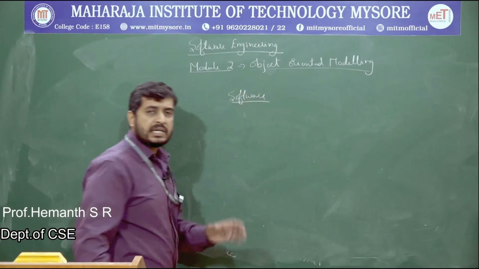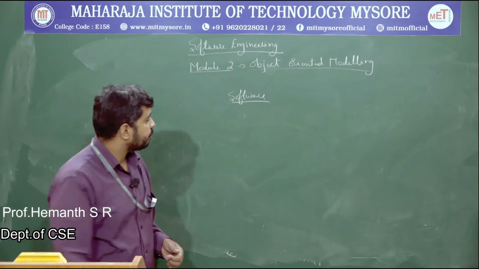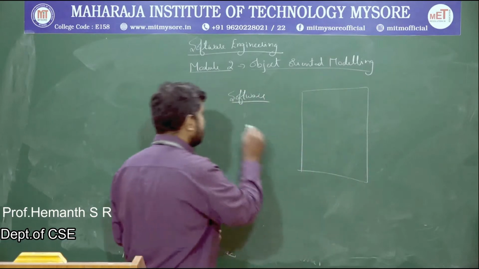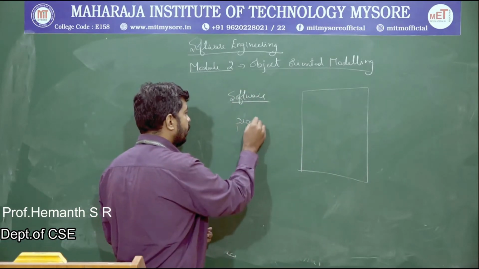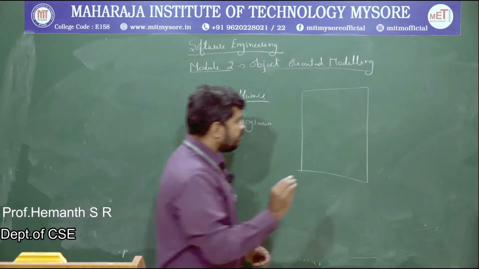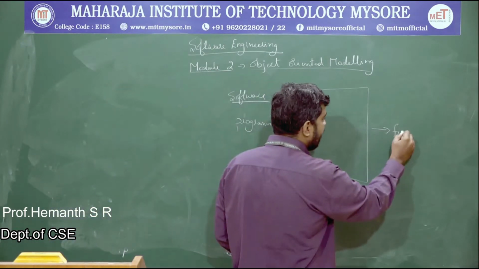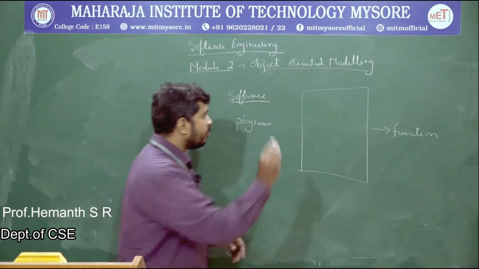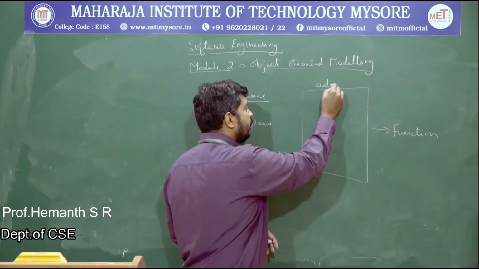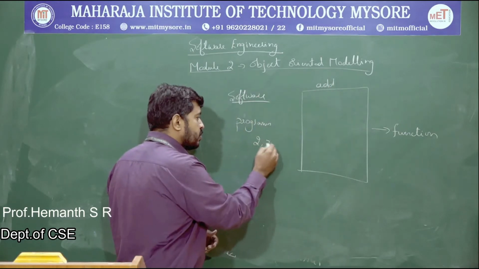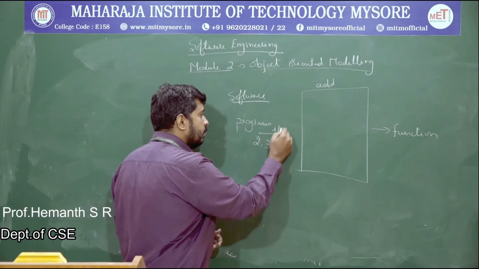So software is a collection of instructions. Okay. So we have a set of instructions. Basically software is a program. From this program you are expecting some functionality. You want some functionality from this program. For example, if this is a program of addition, adding two numbers, so you are giving two numbers to this program as input.